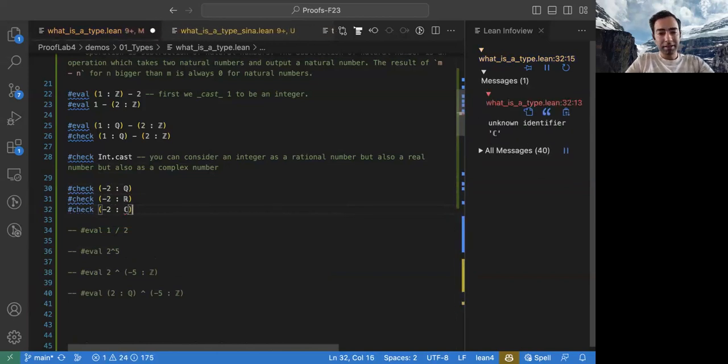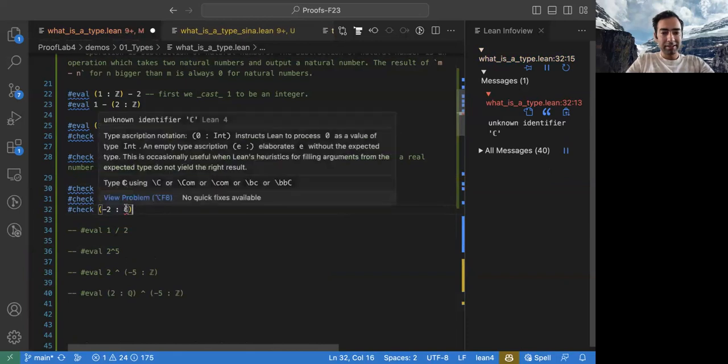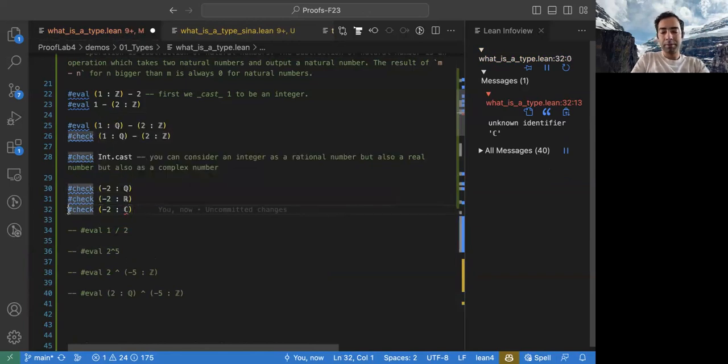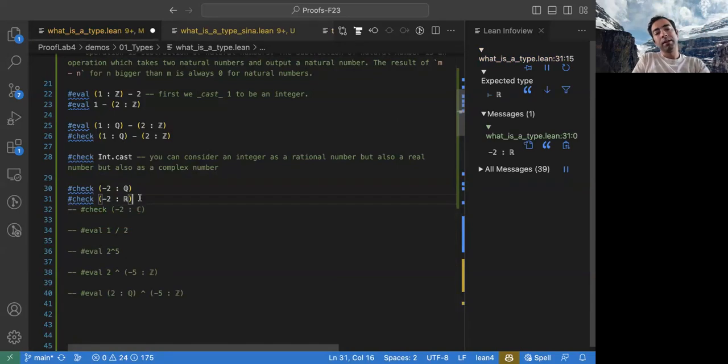Ooh, this doesn't work. That's interesting. So apparently there's no casting. Okay, so there is a casting, but it's more complicated than I thought. It's a notation problem. So for now, let's ignore this.